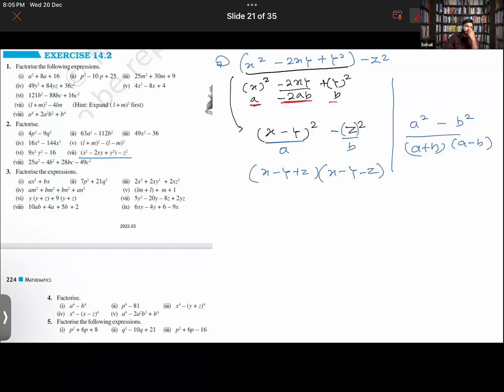This question might trouble you a little bit, but it can be solved. Know that while factorizing the expression, in some questions you might need to do some rearrangement.